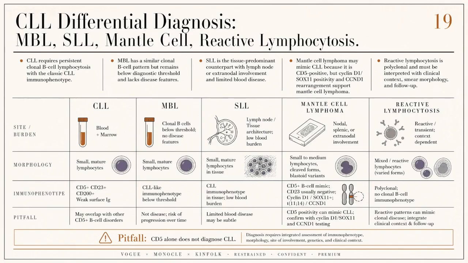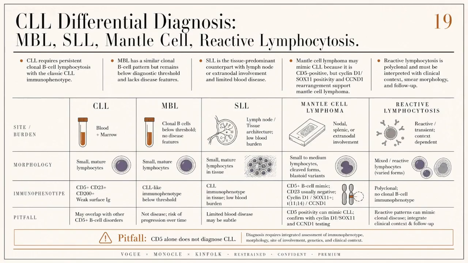This cytogenetic hallmark is detected through fluorescence in situ hybridization, FISH, or molecular assays. From a histotechnology standpoint, ensuring optimal fixation and antigen preservation is vital for reliable cyclin D1 immunostaining. Misclassifying MCL as CLL can have serious consequences because MCL typically follows a more aggressive clinical course and requires different treatment protocols.